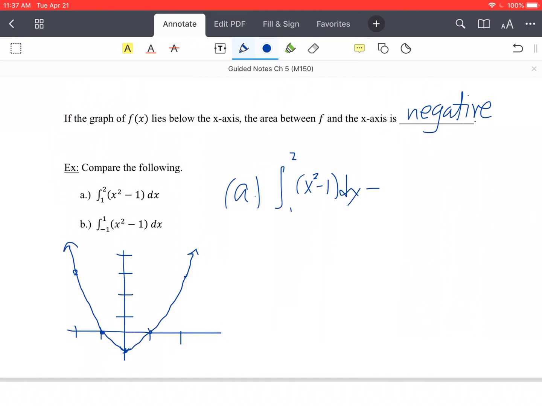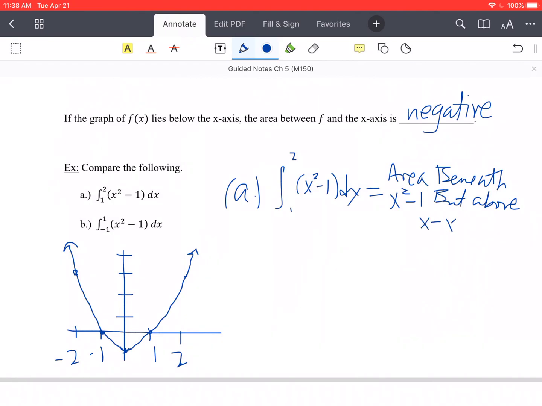So there's negative 2, negative 1, 1, 2. This one is asking us for the area beneath the curve, so beneath x squared minus 1, but above the x-axis.